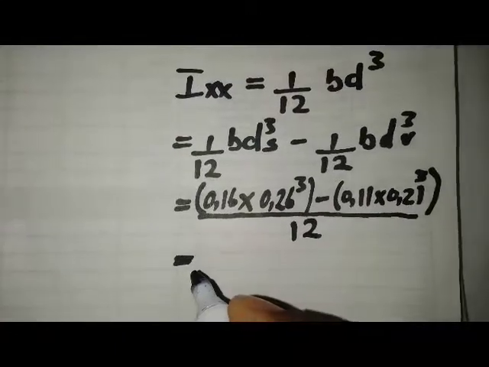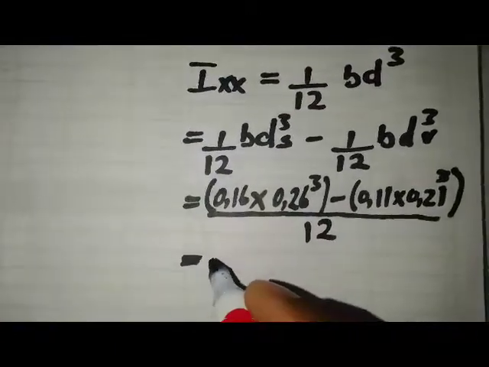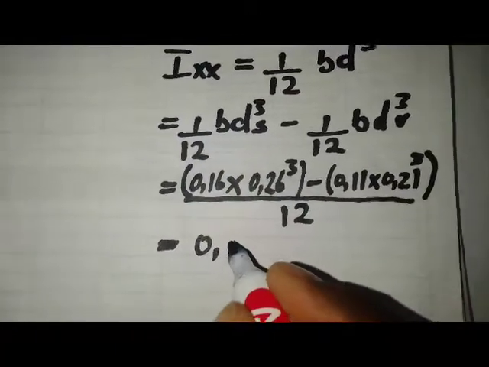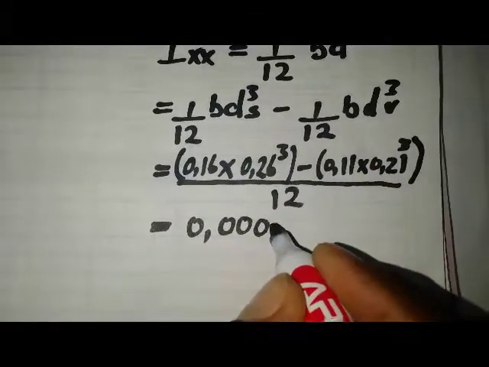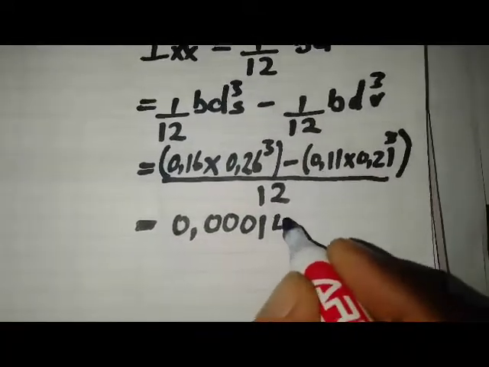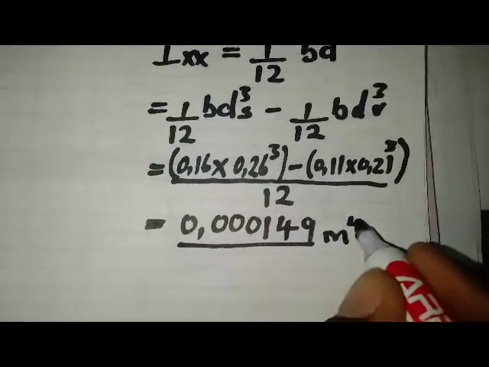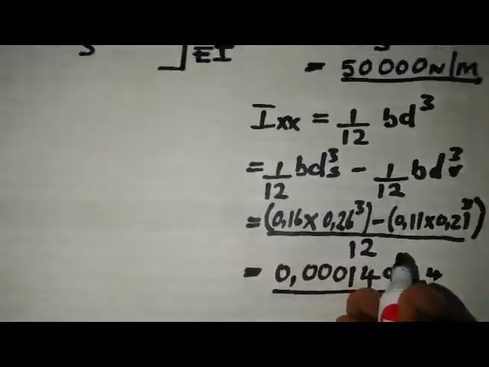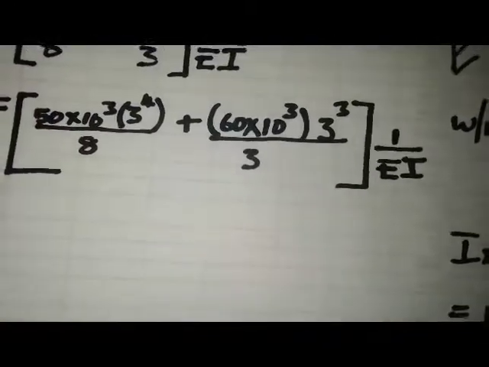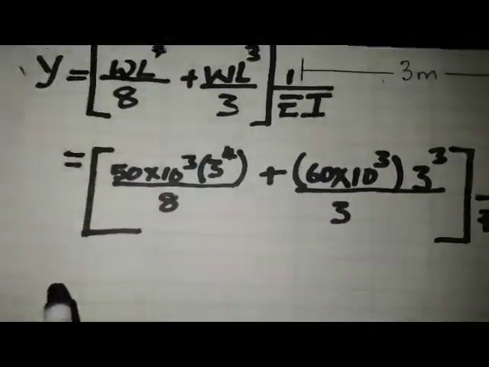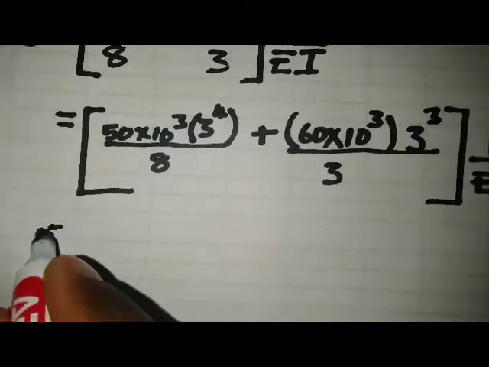If we punch these figures in a calculator, we have something like 0.000149. So this is the value for Ixx, and we're going to substitute it in our equation.